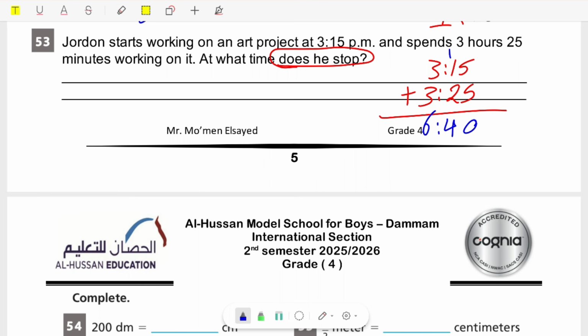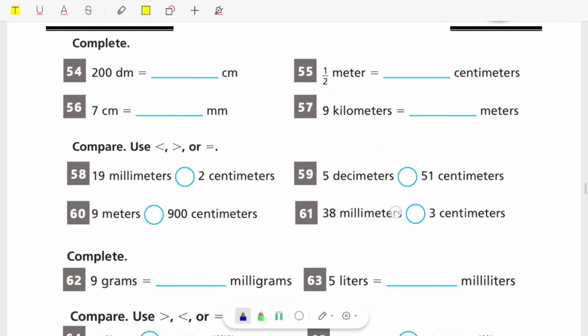So he stopped at 6:40 p.m. Okay, it's obvious now. To get the end time you have to add, and to get the elapsed time you have to subtract. Let's go to the next one.